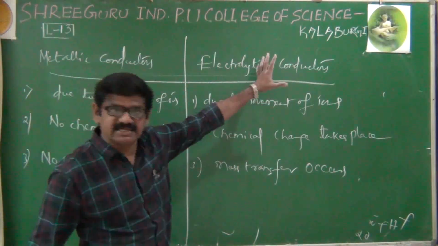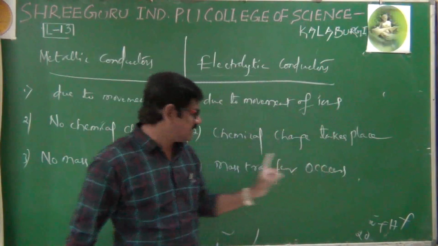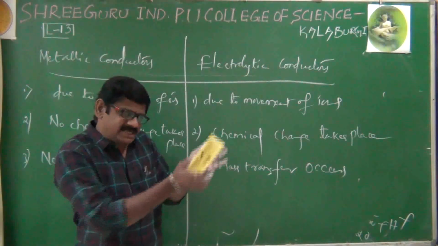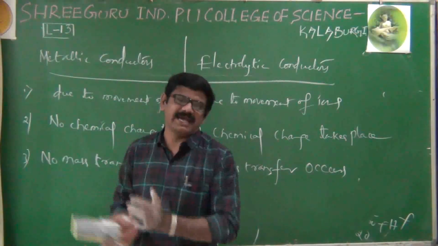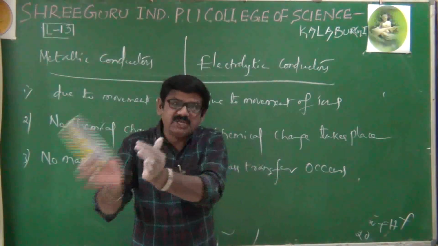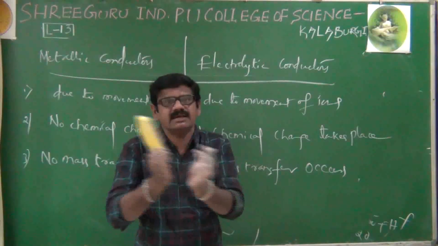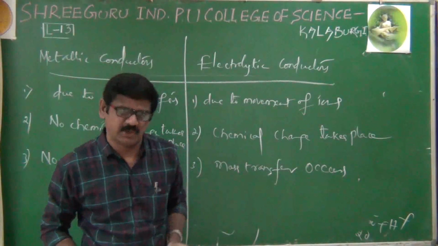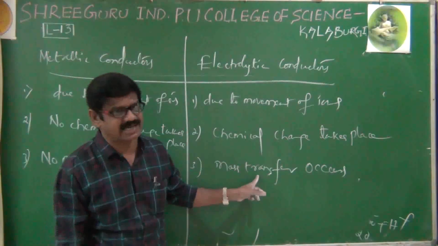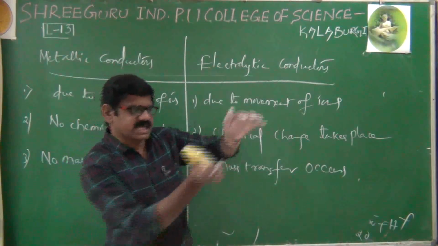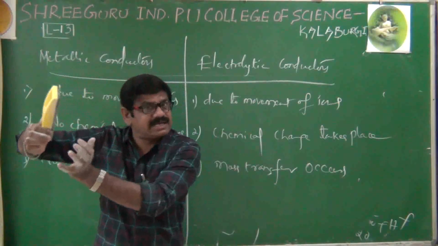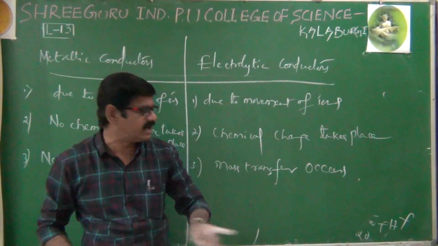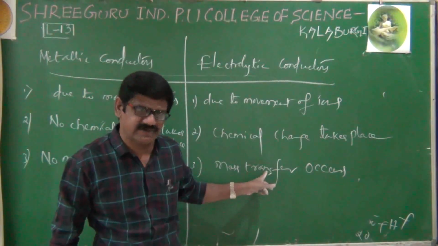As far as electrolytic conductors are concerned, at the anode one substance is forming, at the cathode another substance is forming. New substances are forming at the respective electrodes. That is what is called mass transfer, because one substance forms at one electrode and another substance forms at the other electrode. That itself is called the mass transfer phenomenon.